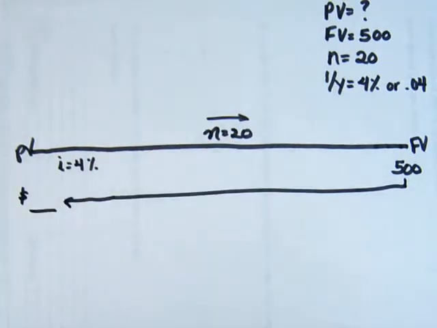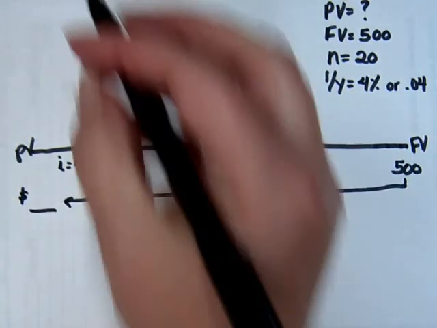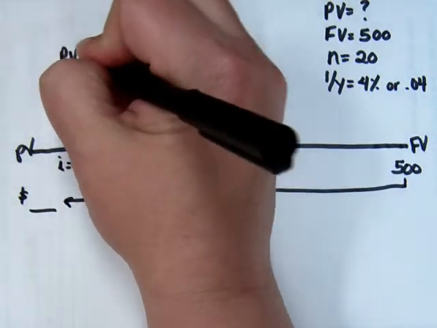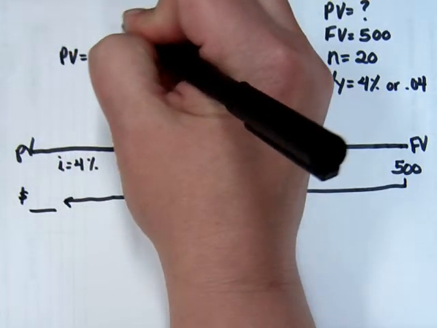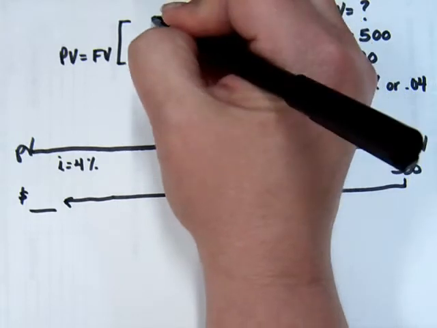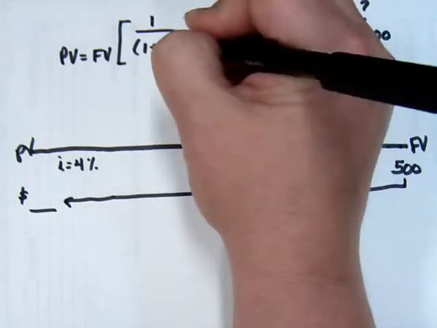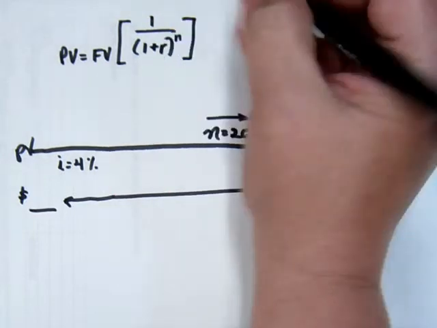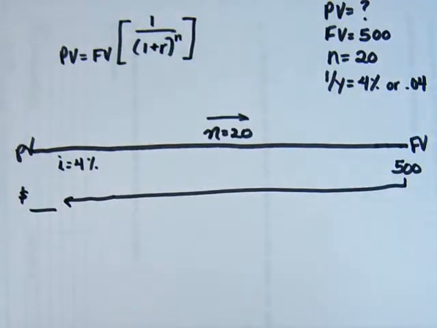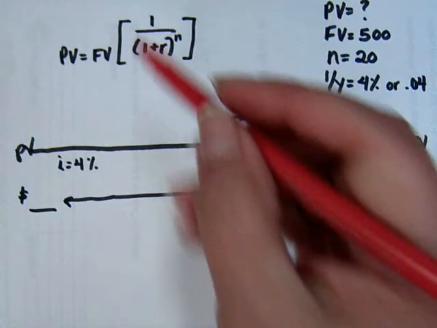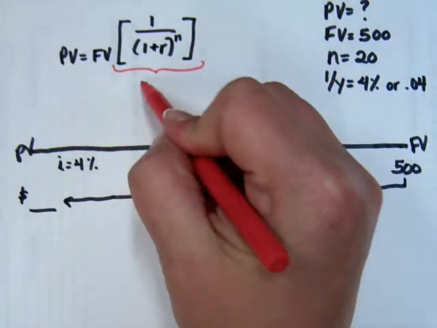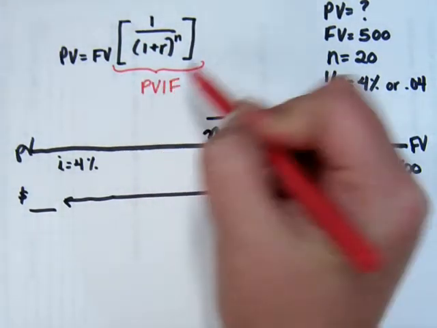Now what formula will we use? We will use present value equals future value times 1 divided by 1 plus r raised to the nth. And this part of the equation is our present value interest factor.